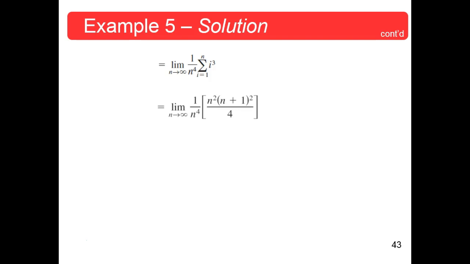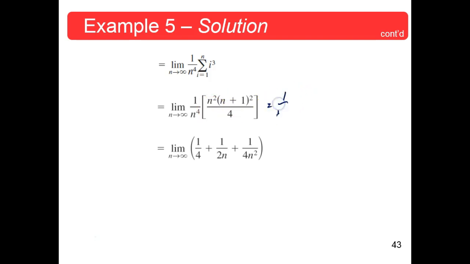n squared, and when you square n plus 1, you have n squared plus 2n plus 1. Pull the 1/4 out there with the n to the 4th. What I like to do is take the 4 out there too.